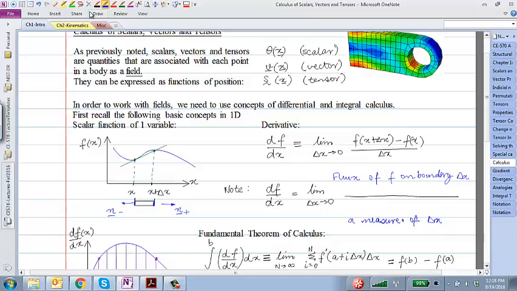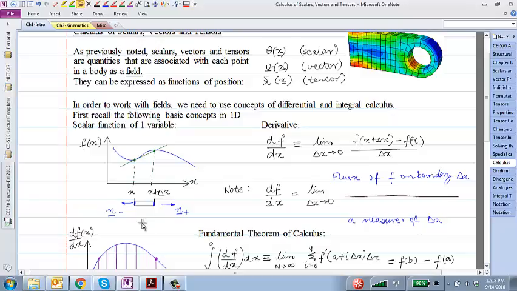When I say flux, it means that if I consider some elemental length delta x, in this case, or elemental area or volume, we will consider this as a small infinitesimal body.